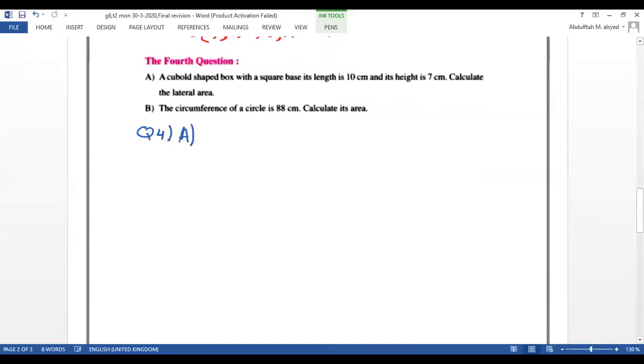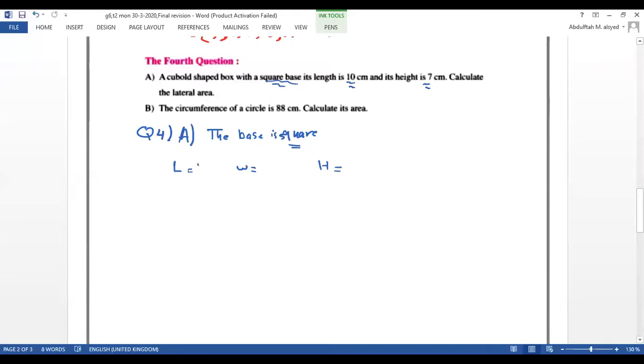A cuboid-shaped box with a square base. It is very important to mention that the base is square, its length is 10 and its height is 7. Calculate its lateral area. As you know, to find the lateral and total area, we have to find the length of the base, the width of the base, and the height.